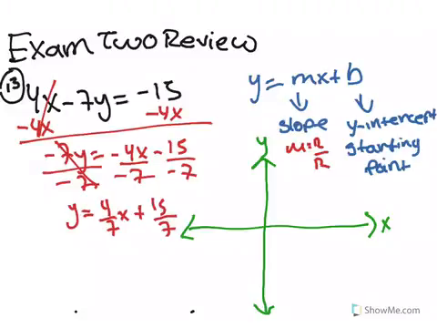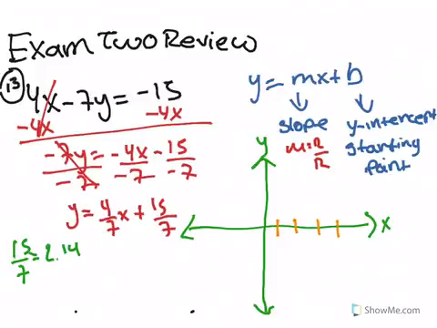So when you round 15 over 7, you do long division, you get 2.14. Notice this will be a multiple choice, so the number doesn't have to be exact. We just need an estimate. Okay? So 2.14.